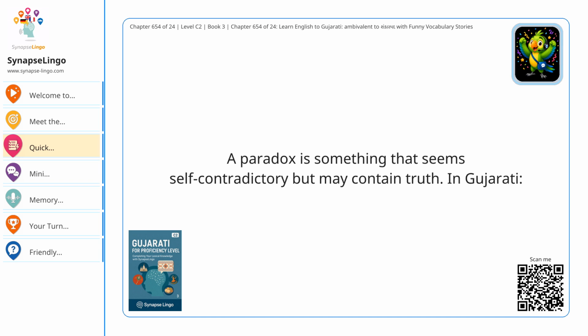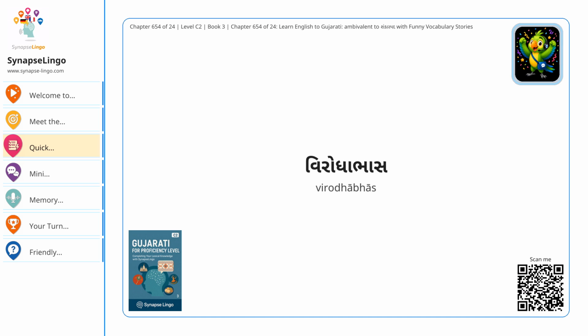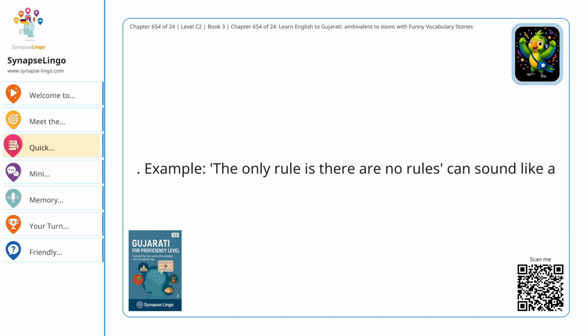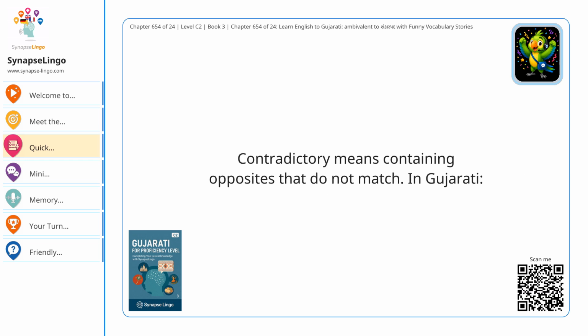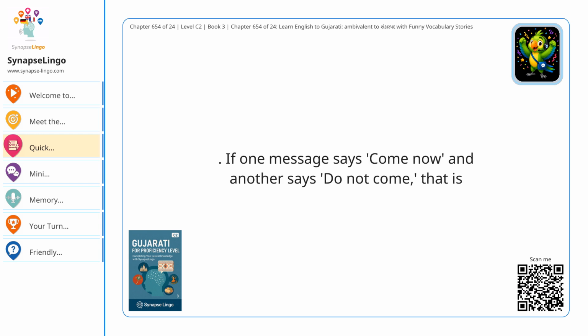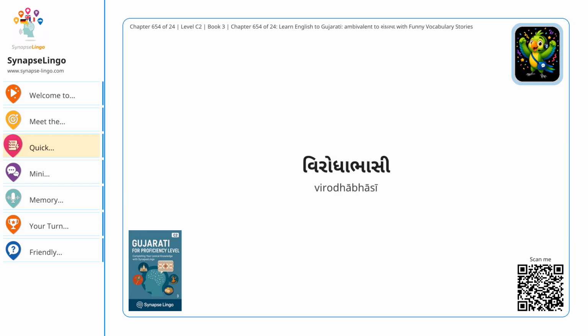A paradox is something that seems self-contradictory but may contain truth. In Gujarati, विरोधाभास. Example: the only rule is there are no rules can sound like a विरोधाभास. Contradictory means containing opposites that do not match. In Gujarati, विरोधाभासी. If one message says, come now, and another says, do not come, that is विरोधाभासी.